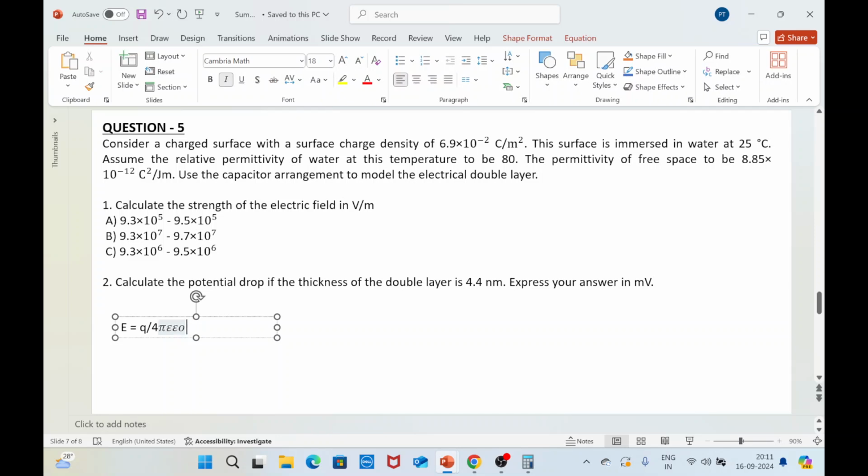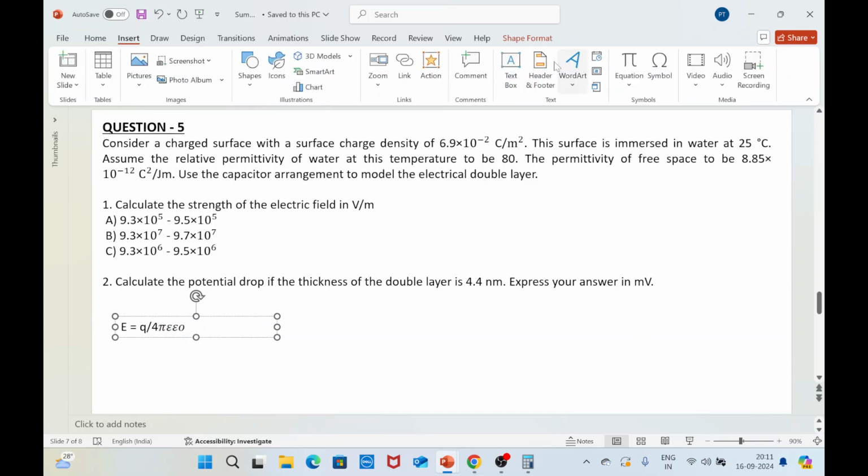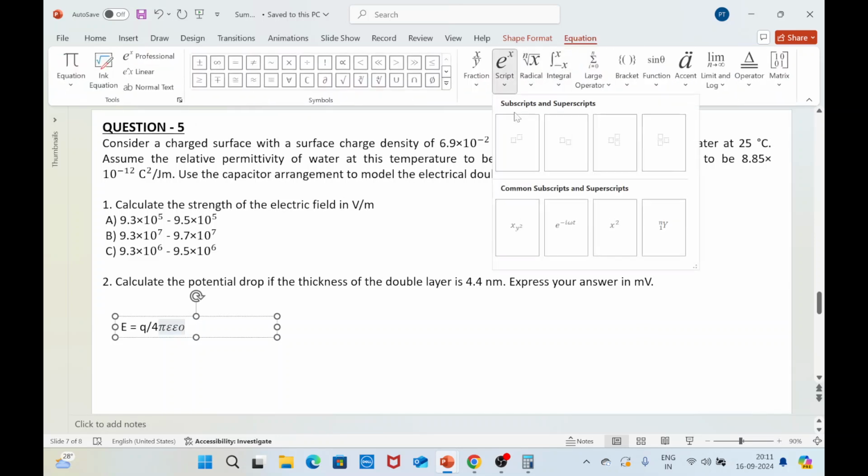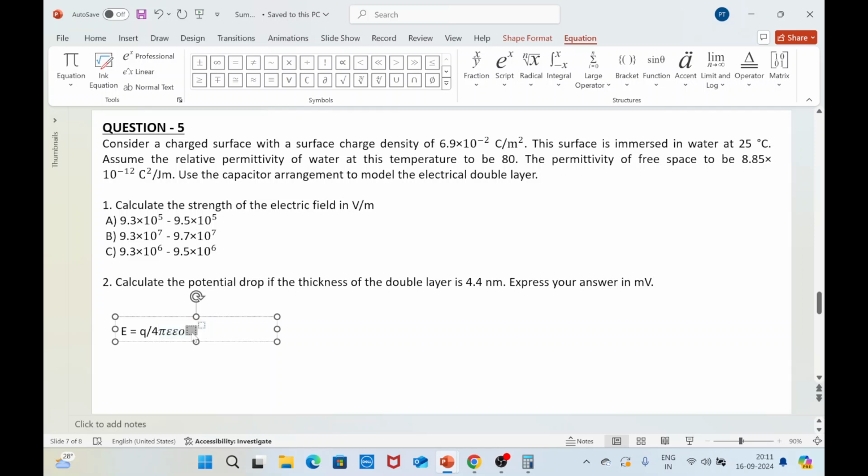Just a second, let me make it more clear. So this is your electric field strength, or strength of the electric field.